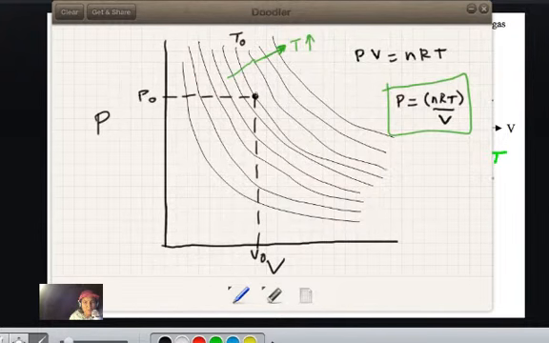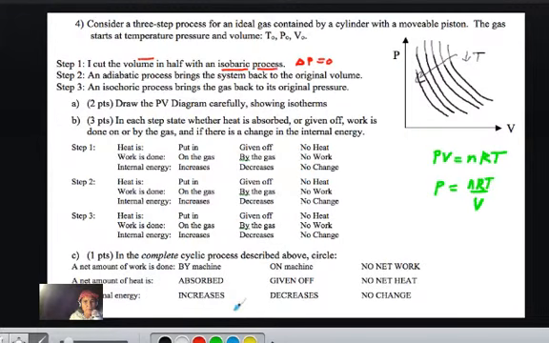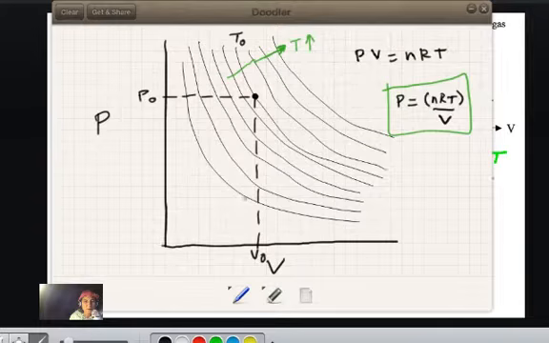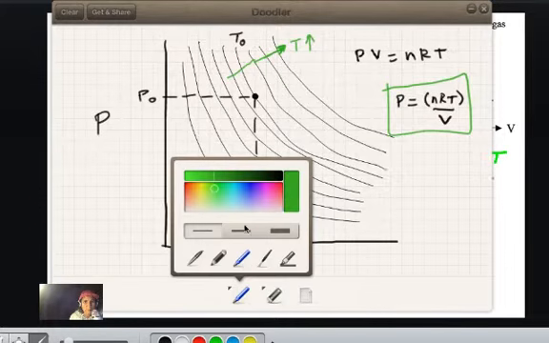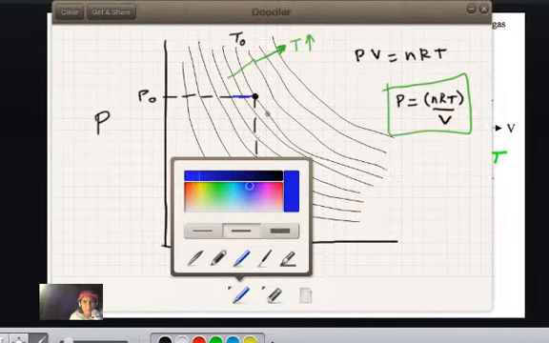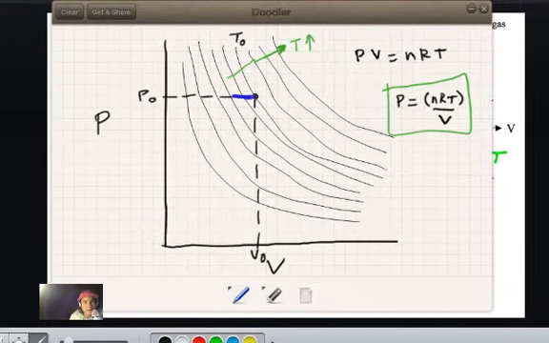Here's our original pressure, original volume. It's isobaric, so we know that we're going to do this transition at the same pressure. So we're going to cut the volume in half, and let me just increase the size so you can see this. I'm going to make it go all the way to this line just so we have something to look at together.